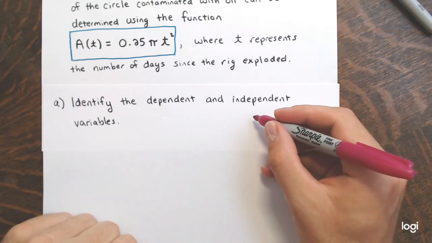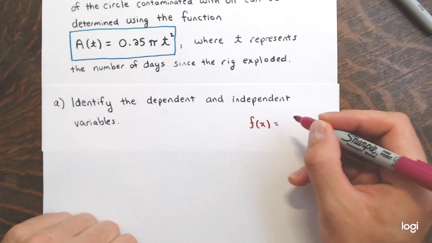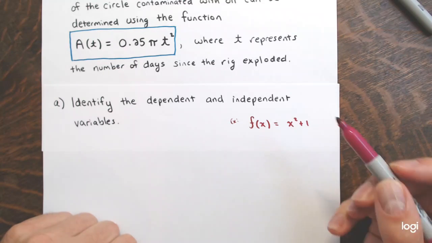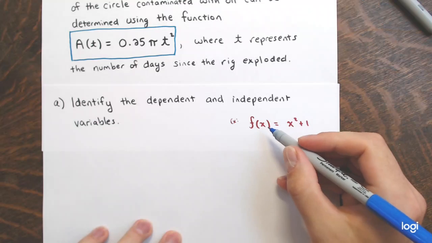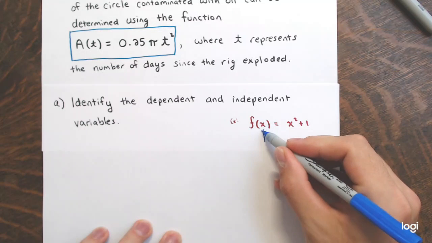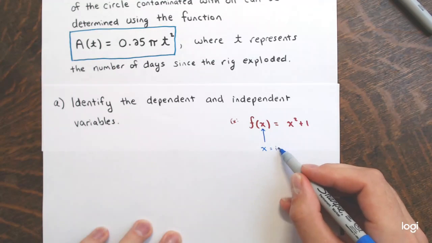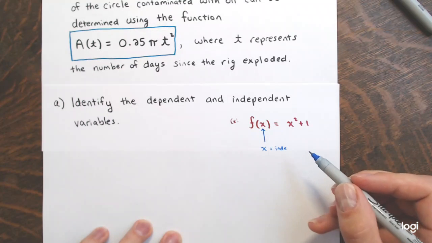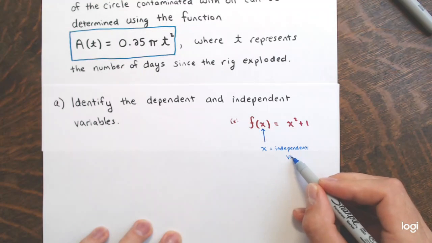When we've seen functions written in function notation, for example f of x equals x squared plus 1, the notation tells us what the input is and what the output is. The variable in parentheses, the x in this case, is the independent variable, or the input of the function. It's a value from the domain of the function. That's the independent variable.